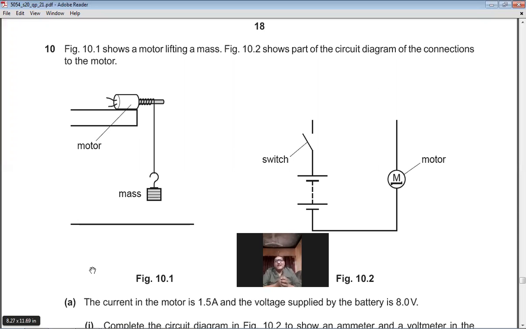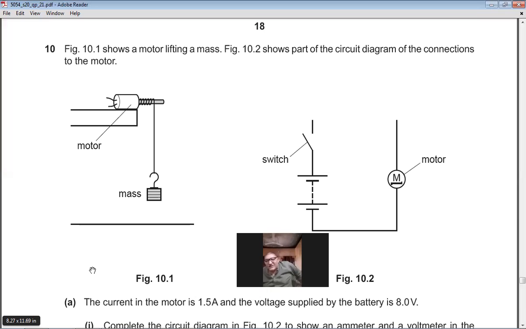According to Lenz's law, the direction of that EMF will be such that it will try to oppose the cause which is producing that EMF. Try to understand.